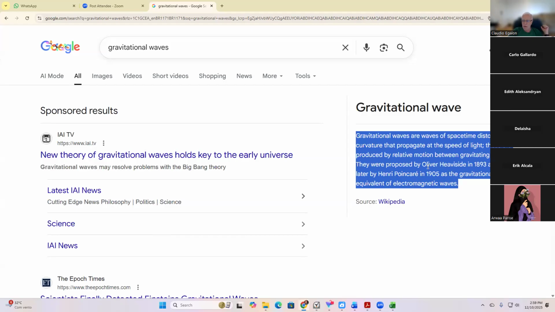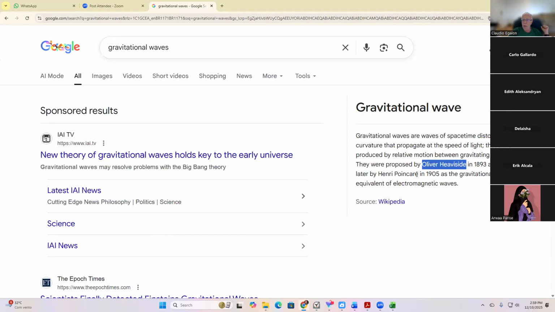They were proposed initially by Oliver Heaviside, and then later by Henri Poincaré. But it was Einstein himself that came up with the full theoretical description of those gravitational waves. I'll give more credit to Einstein than those two, even though those two guys are very smart as well.